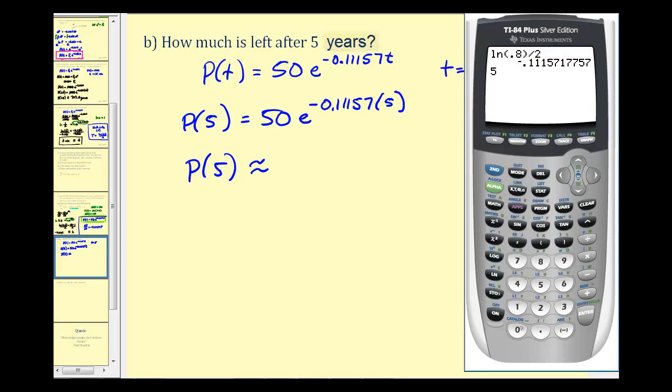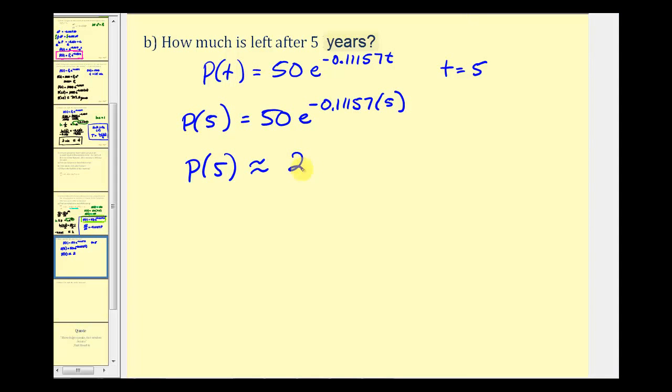So 50 times e raised to the power of negative 0.11157 times 5, close parenthesis, press enter, and we have approximately 28.6 milligrams. Hopefully that makes sense, because remember, after 2 years we had 40 milligrams, so after 5 years we should have significantly less.